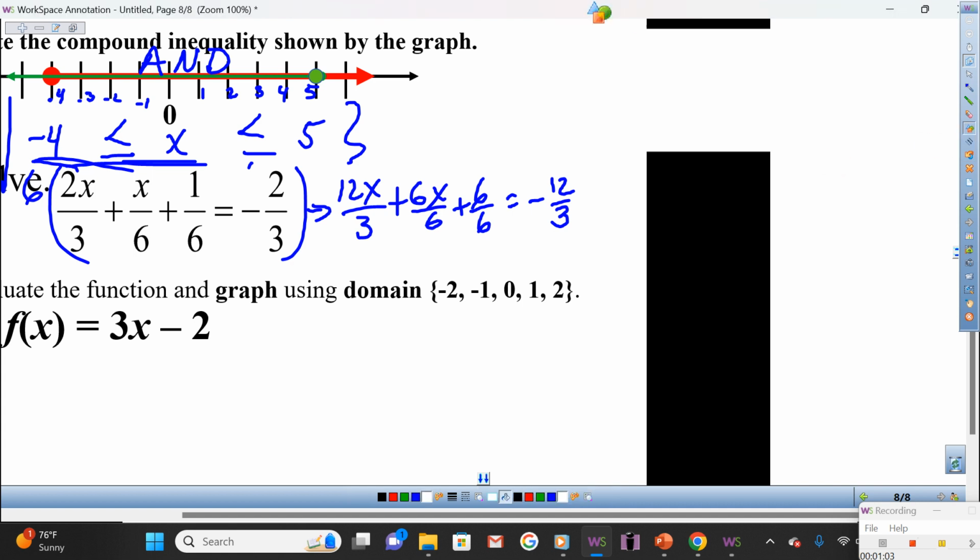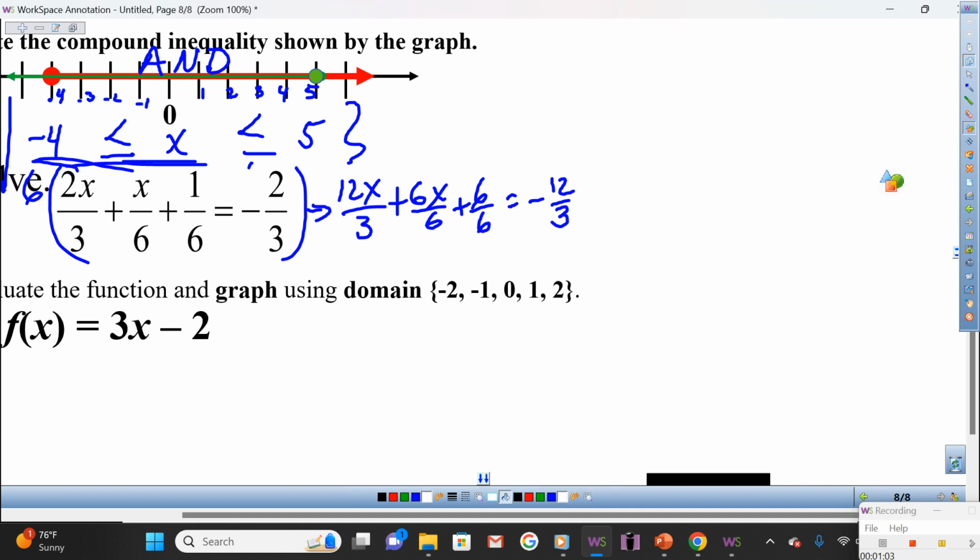And now we can simplify. So what is 12 divided by 3? That's 4x. 6x divided by 6, that's 1x. 6 over 6 is 1. -12 divided by 3, that's -4.